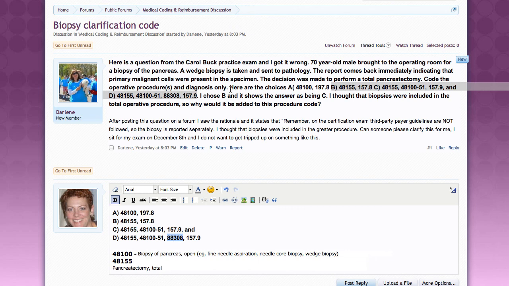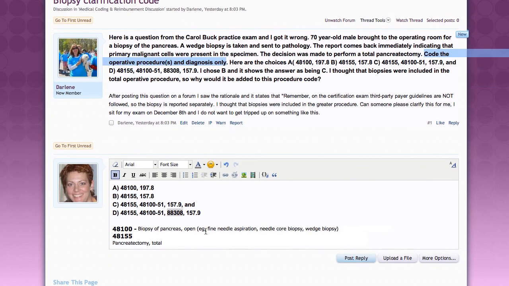Normally when you're reading questions, especially for practice or exams, it'll tell you what you're supposed to code, and here it says code the operative procedures and diagnosis only. That's a good example of reading the question at hand. Therefore answer D is not correct, and the correct answer is answer C. Hopefully that helps explain that.